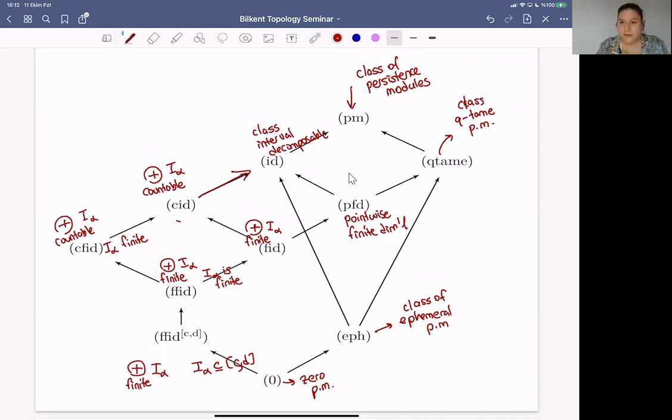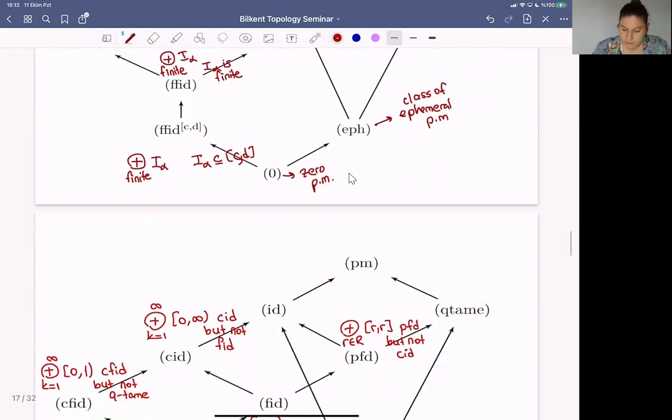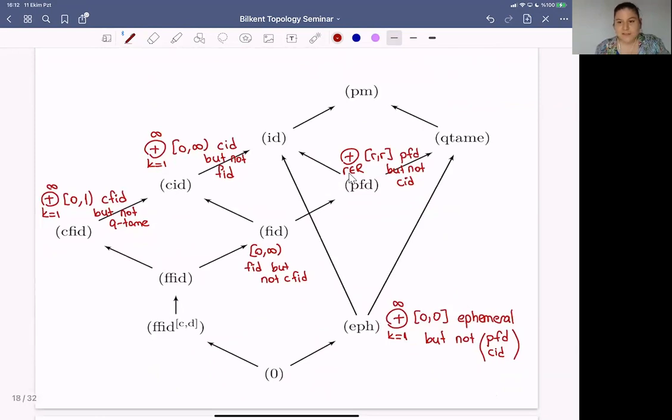We should also find some counterexamples. Maybe we can play with modules and find some examples. So here is the idea. For instance, this one is an ephemeral persistence module. At each spot you have K, but this is not pointwise finite dimensional, because at the point 0, the vector space has infinite dimension.